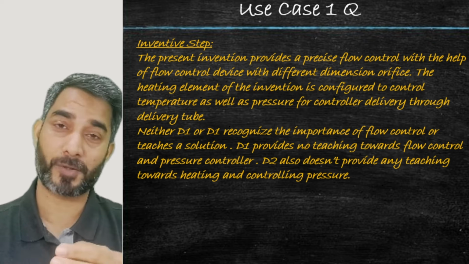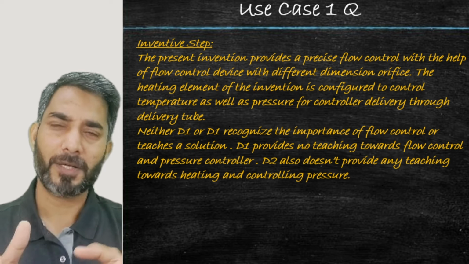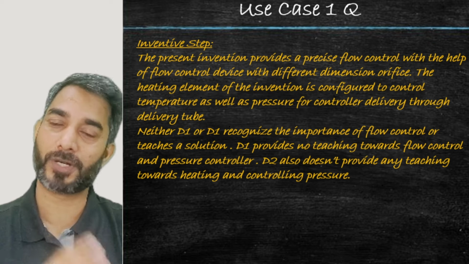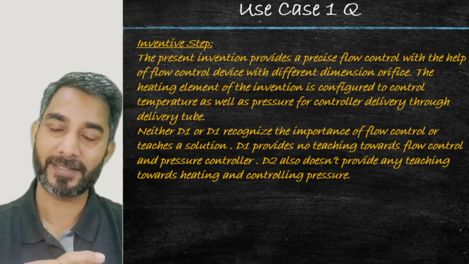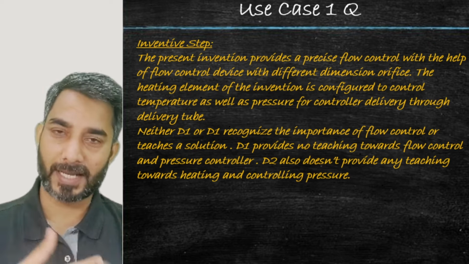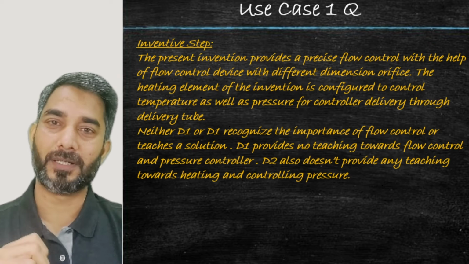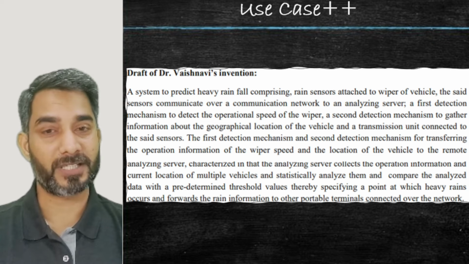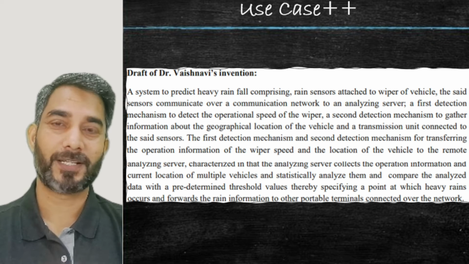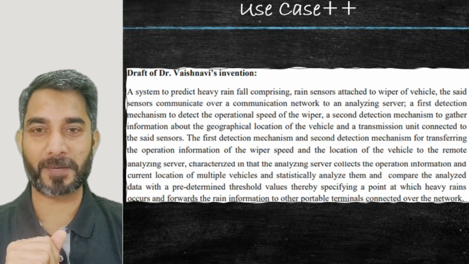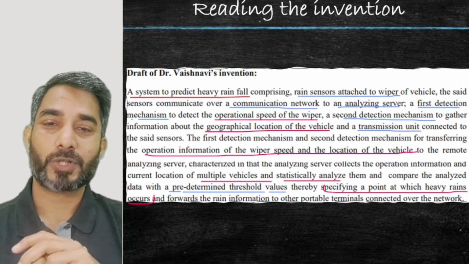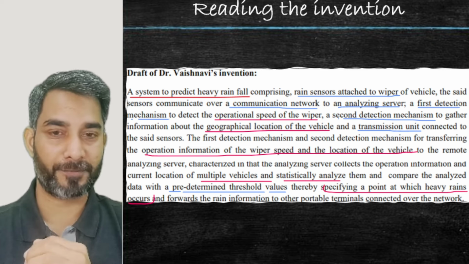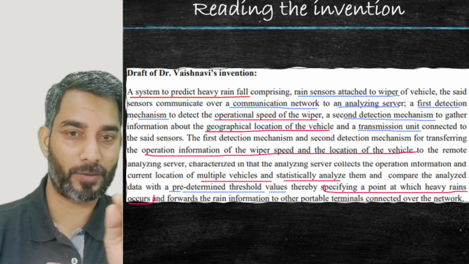You can identify your own technical enhancements, not completely tangent, but based on the disclosure or information that is given to us, right? So let's take another example, again from last year's paper only. This is Vaishnavi's invention. So first is to understand the invention. Let's do that part. A system to predict heavy rainfall, objective: predict heavy rainfall, comprising, now they are talking about components.